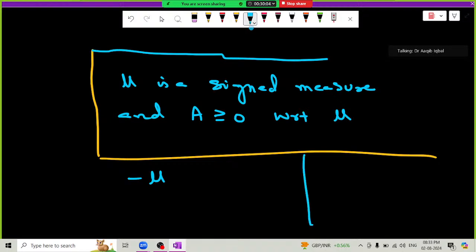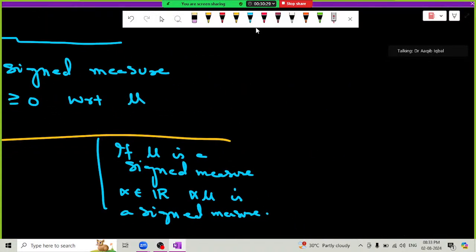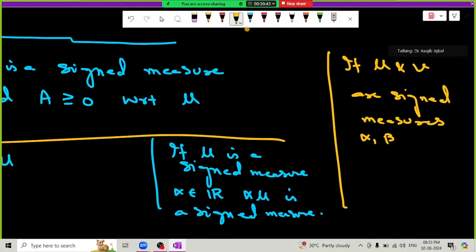If mu is a signed measure, alpha is a scalar, then alpha mu is a signed measure. ठीक है. इन फैक्ट असल में ज़्यादा जनरल जो इन्फॉर्मेशन है वो ये है, if mu and nu are signed measures, alpha, beta are scalars, then alpha mu plus beta nu, ये जो है, this is a signed measure.